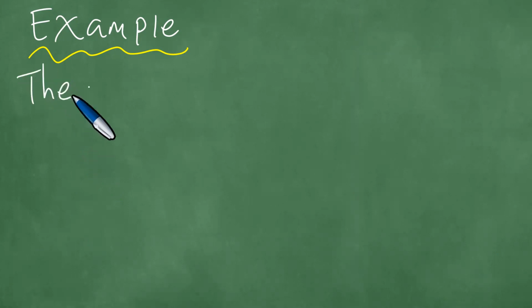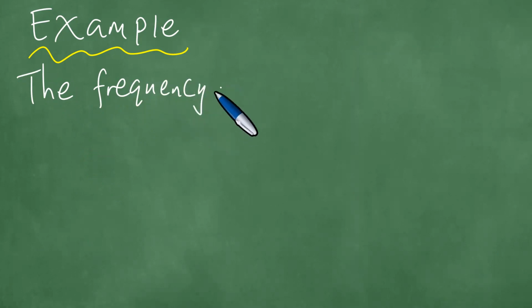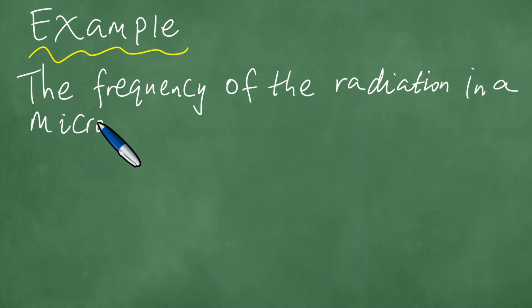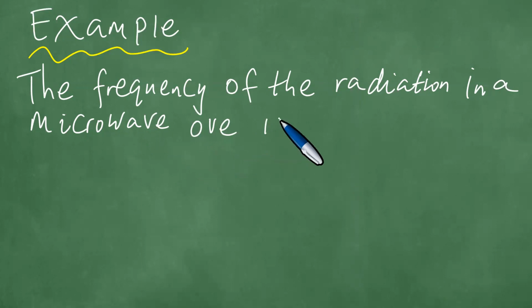The frequency of the radiation in a microwave oven is 2.45 gigahertz.